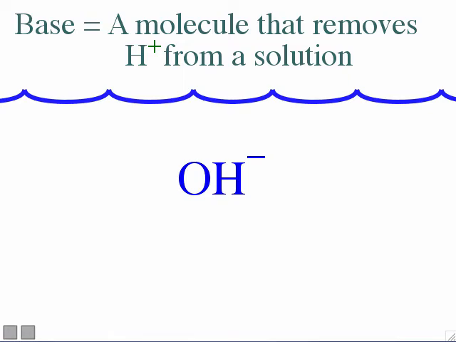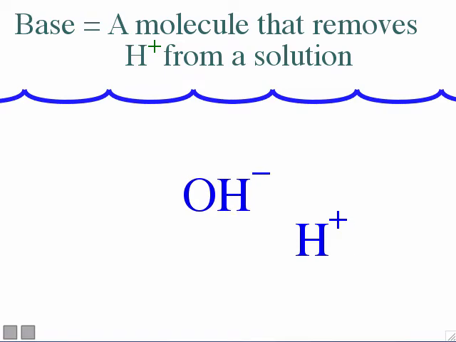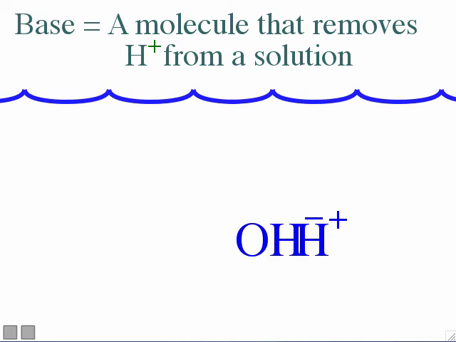Okay, so there's the base in the watery solution. Here comes a hydrogen ion that just happens to be drifting around in that solution. And so what bases do, their job, is to remove hydrogen ions from the solution. So that hydroxide ion base will come over and it will just absorb that hydrogen ion into its own molecule like that.